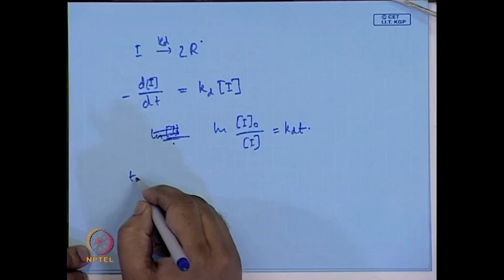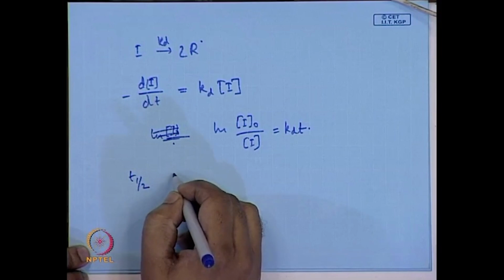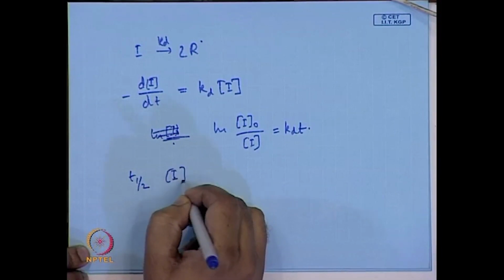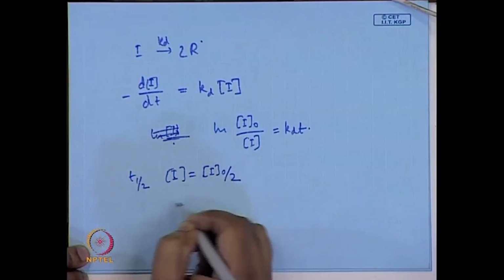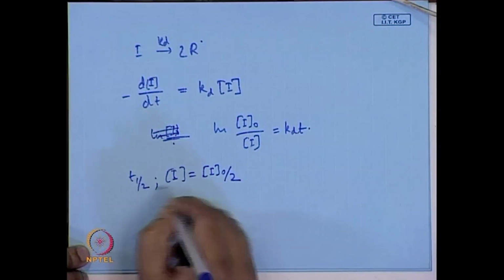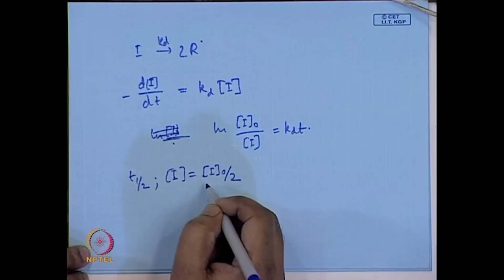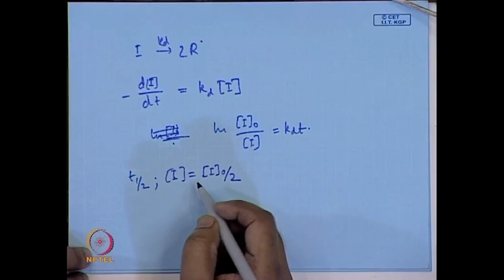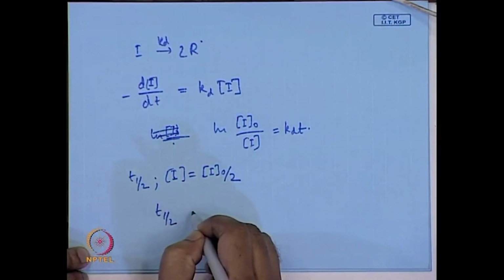Now, if you define t half as the time where I is I0 by 2, the time where the concentration of initiator has halved, then you can put I as I0 by 2 and get this expression for t half.